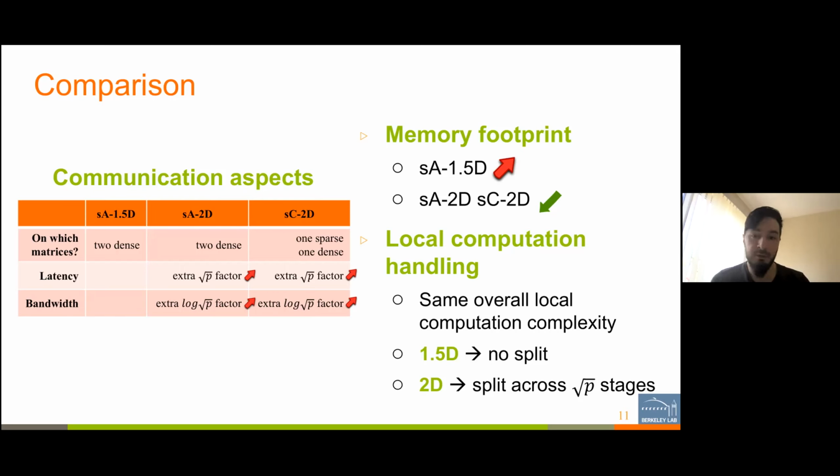In terms of memory footprint, the 1.5D algorithms have a higher memory footprint than the 2D algorithms. And finally, all of the algorithms have the same overall local computation complexity. But the difference is that the 1.5D algorithms do not split this computation, while the 2D algorithms do so.